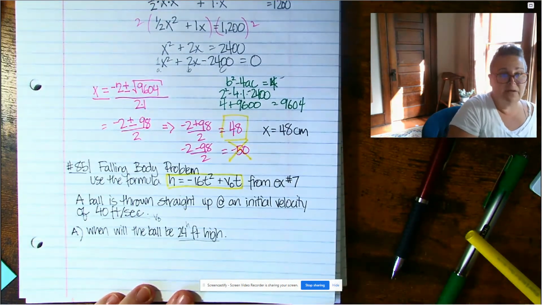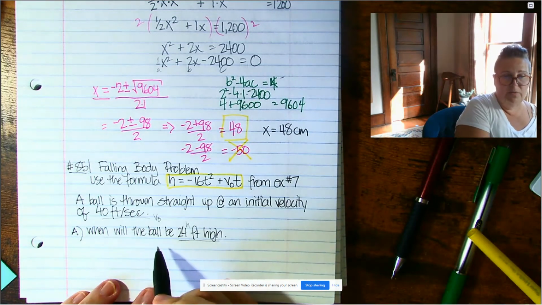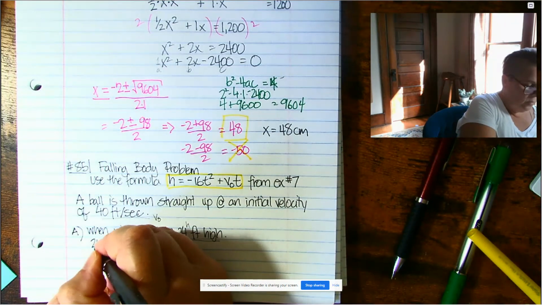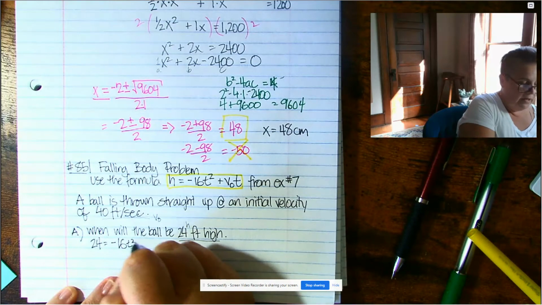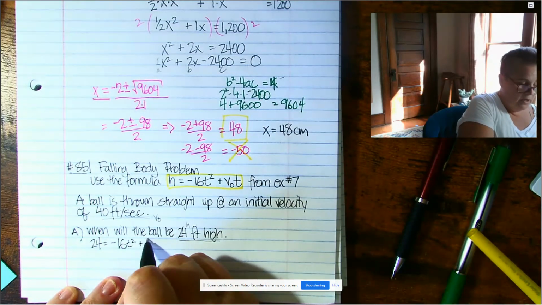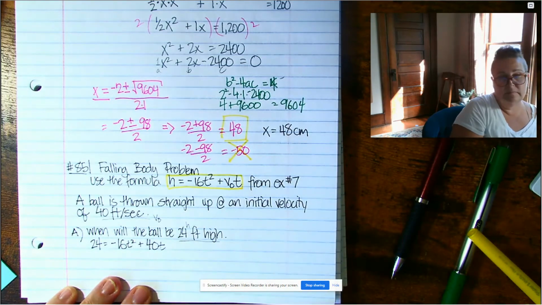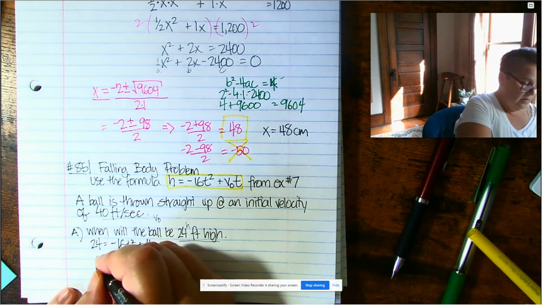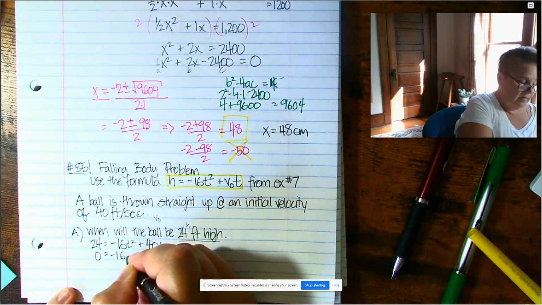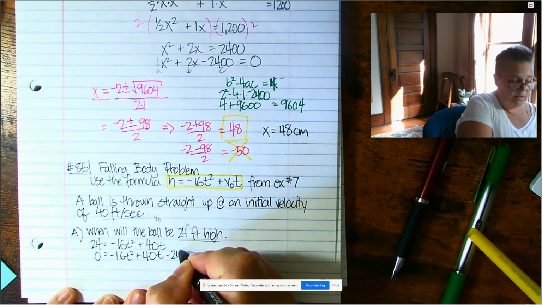This gives us an equation, or we should be able to put together an equation from this. 24 is equal to a negative 16t squared plus 40, that's my initial velocity, t. Do you see the quadratic? 0 is a negative 16t squared plus 40t minus 24.